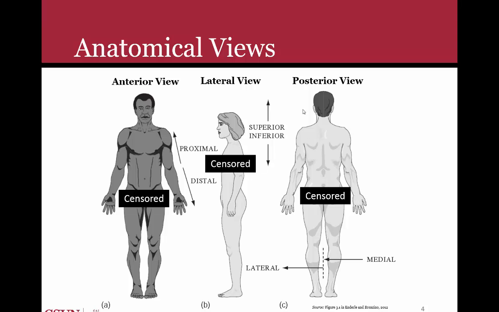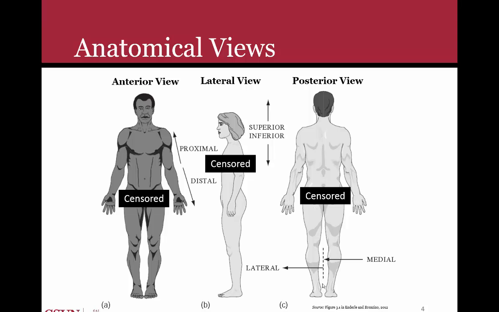And then lastly, you have a posterior view. That is when the observer is looking at an image from the back of the patient. And the secondary definitions here are lateral and medial. Medial is basically at the midline of the patient.